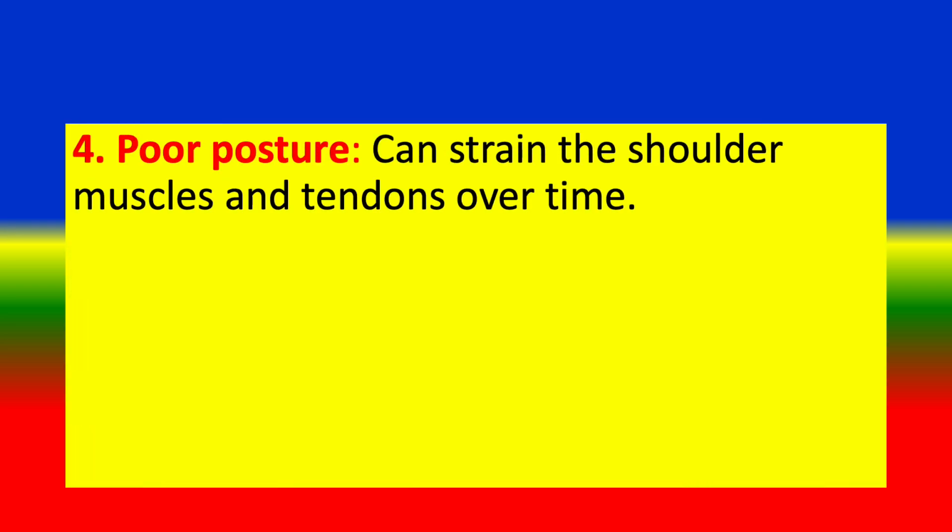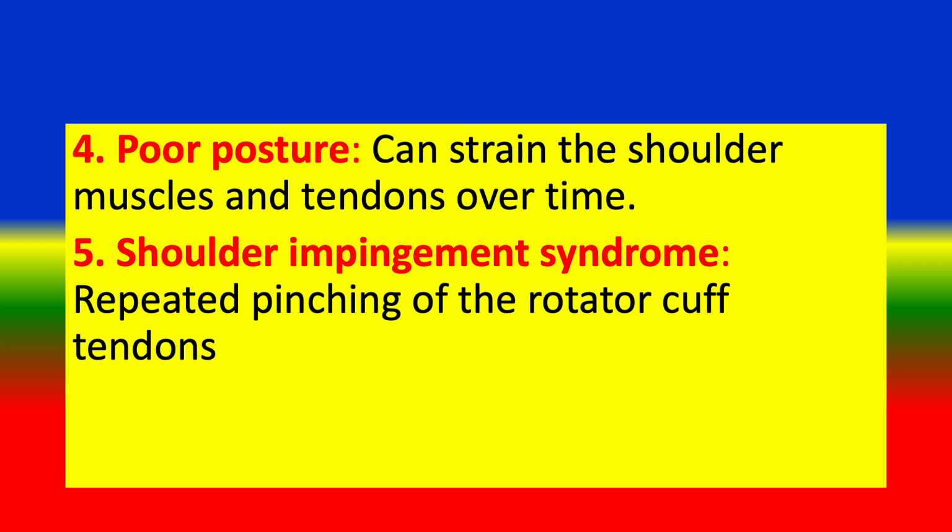Poor posture can strain the shoulder muscles and tendons over time. 5. Shoulder impingement syndrome, repeated pinching of the rotator cuff tendons.